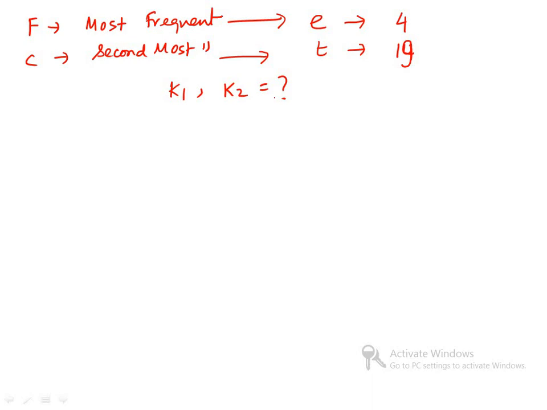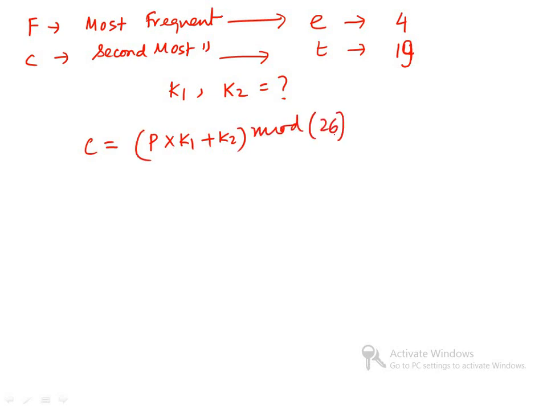I already got one answer from here. I want a few more answers of the same nature. What was the equation for encryption? C equals P multiplied by K1 plus K2 mod 26.